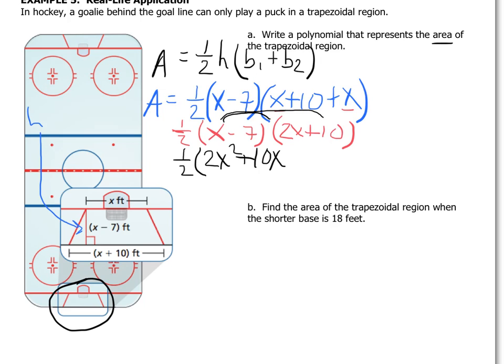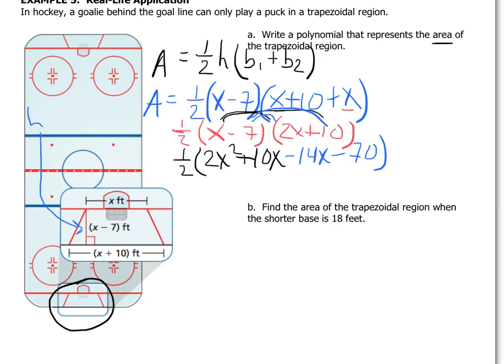Then I'm going to move into my inner terms, and I'm going to do negative 7 times 2x, which is negative 14x, and negative 7 times 10, which is negative 70. So hopefully we can all see how that developed and broke up those two binomials. And then we have to remember we do have that 1/2 times all of that stuff there.